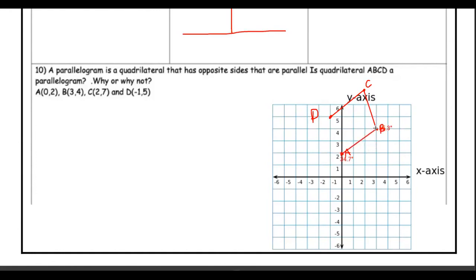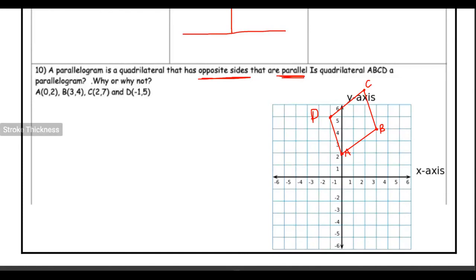And remember, I connected these points, so do not go by looks, we will go by math, okay? So it doesn't matter if you think the lines look to be parallel or not. That's not what we're going by. We will do the math. So what sides are opposite? That's what we need to know, because it tells us in a parallelogram, opposite sides are parallel.